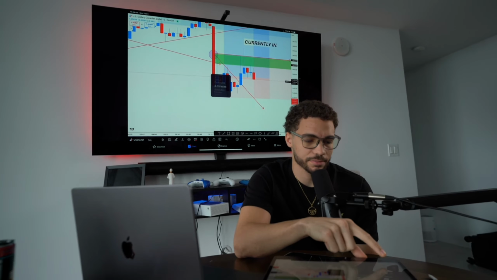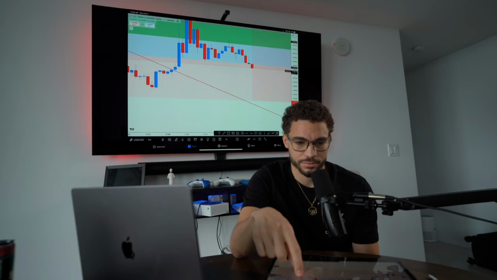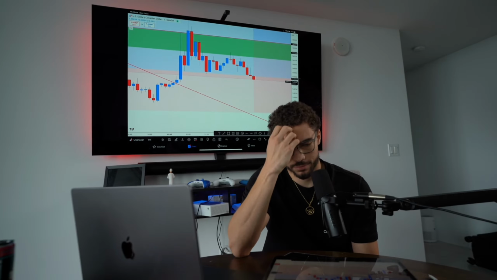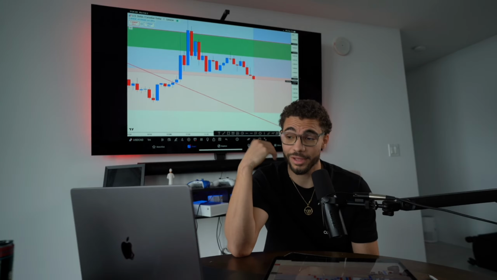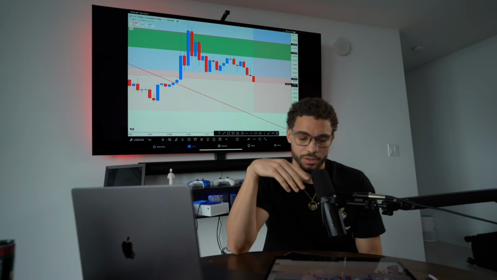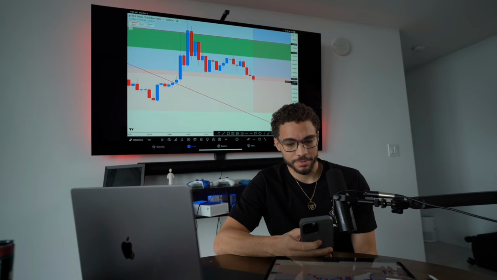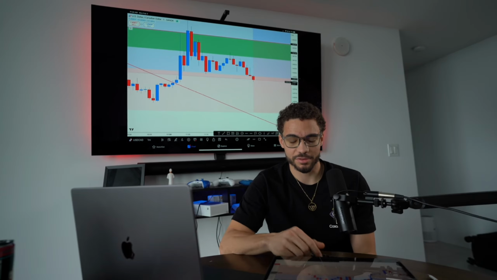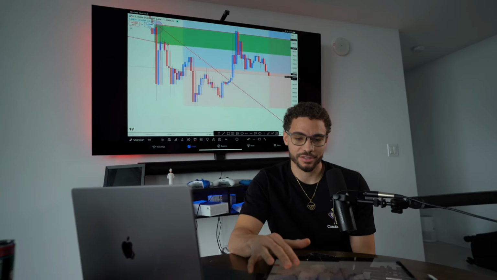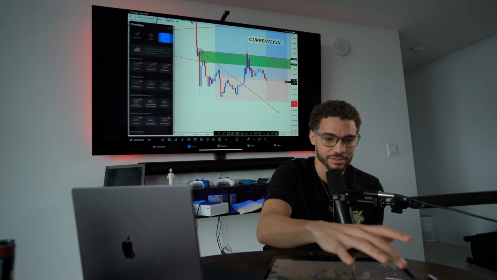Back in drawdown. This is mad annoying, I'm not gonna cap. But overall, at the end of the day, it's part of the game. Moves slow sometimes, moves fast. Let's just measure this.